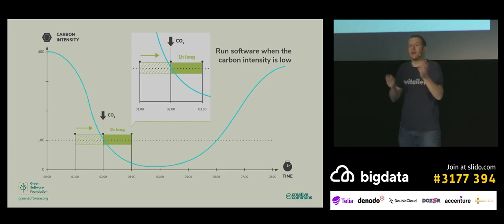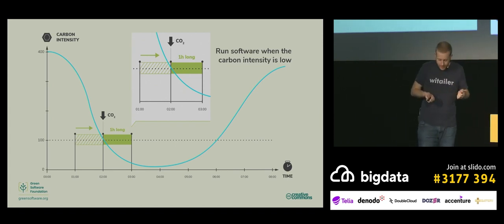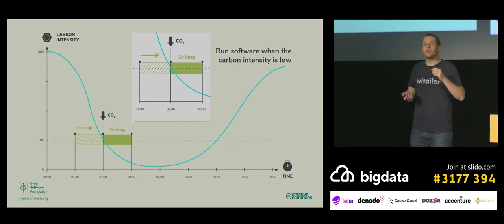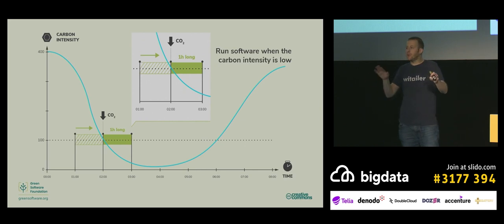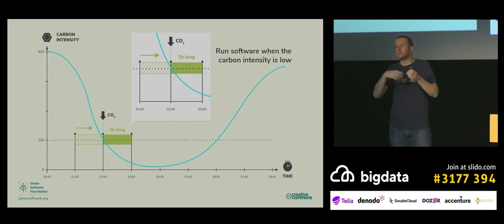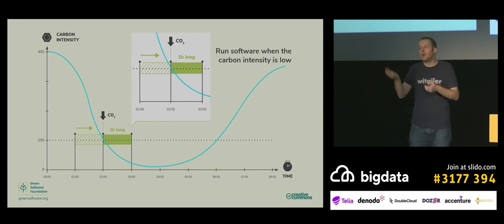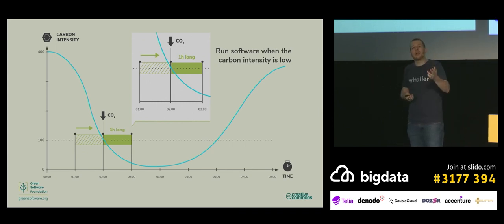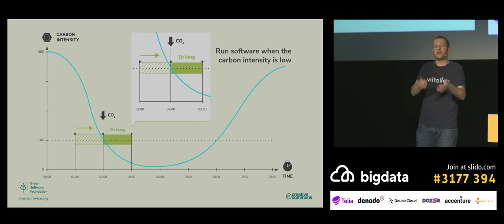But if you can decide, you can run in a specific time frame when there are a couple of SDKs and APIs that you can call to ask, okay, in my zip code, what is the mix right now? If the mix is equal or more than like 80% renewable, start the job.